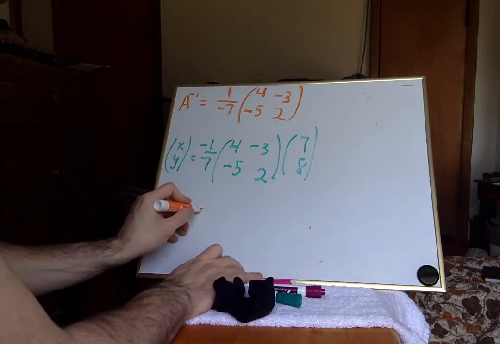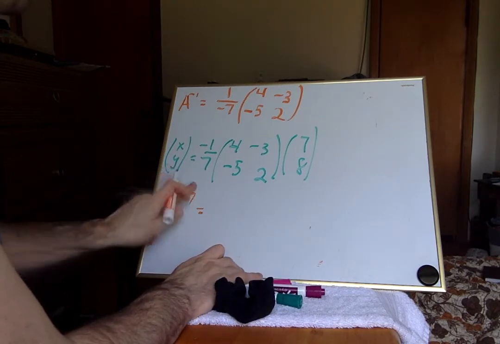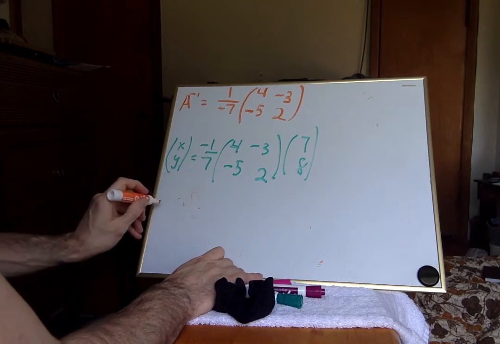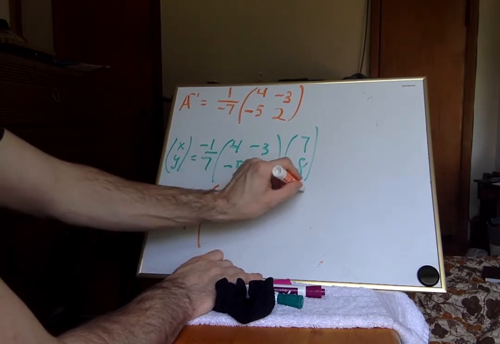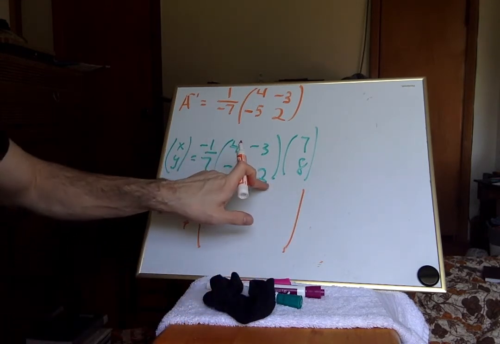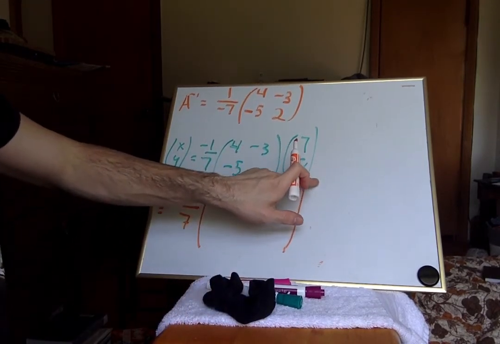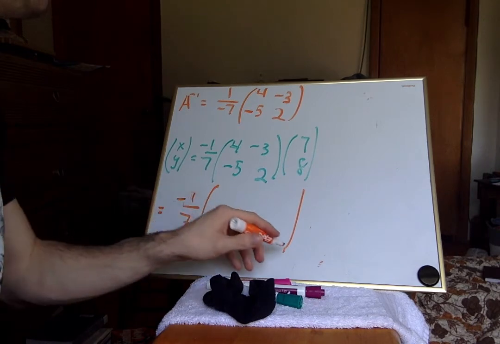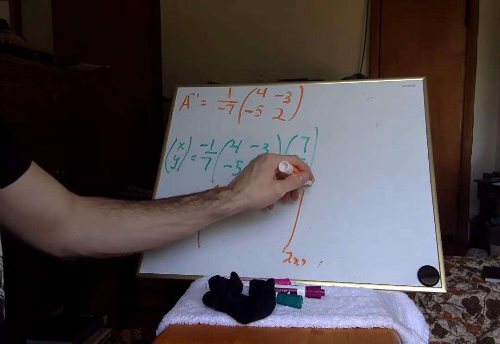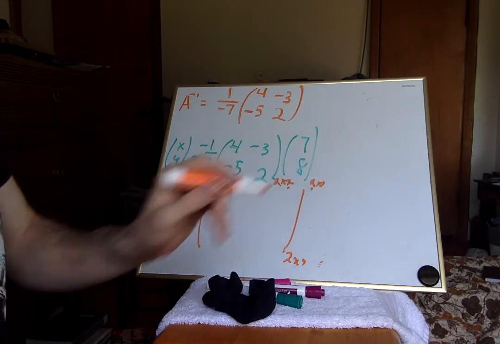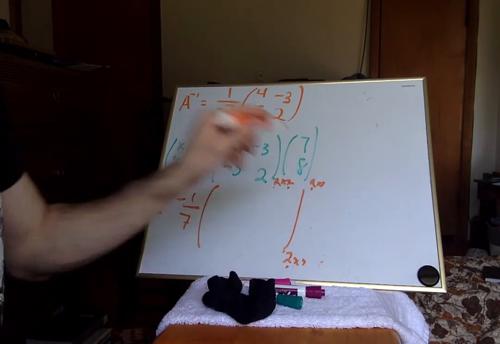Now we're going to do some algebra. So this is a 2 by 2 matrix, and this is a 2 by 1 matrix, and so the resulting matrix has to be 2 by 1, right? 2 by 2, 2 by 1, the inner dimensions match, so the new dimensions are the outer dimensions.